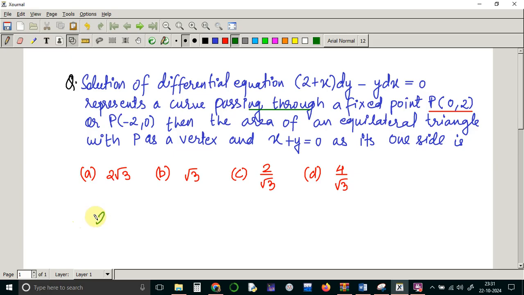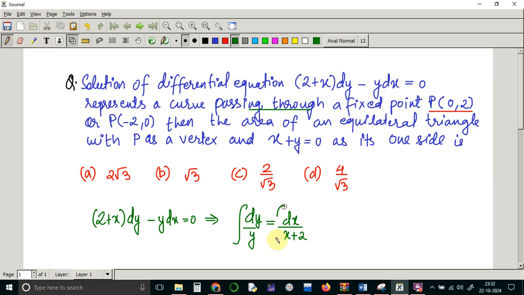So the given differential equation is (2 plus x) dy minus y dx equals 0. If I separate the variables, I will get dy upon y equals dx upon (2 plus x), or x plus 2.